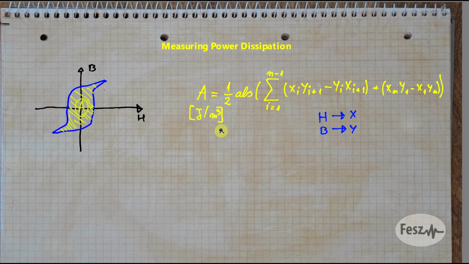In the end, this will give us the energy dissipation in joules per cubic meter per hysteresis cycle. So to get from this to average power, we need to multiply this value by the volume of our core and the frequency at which the core is being driven. So this will give us the average power dissipation on our core.